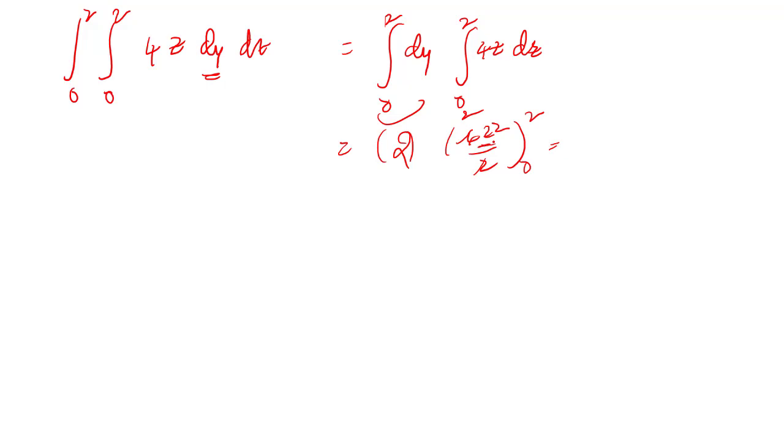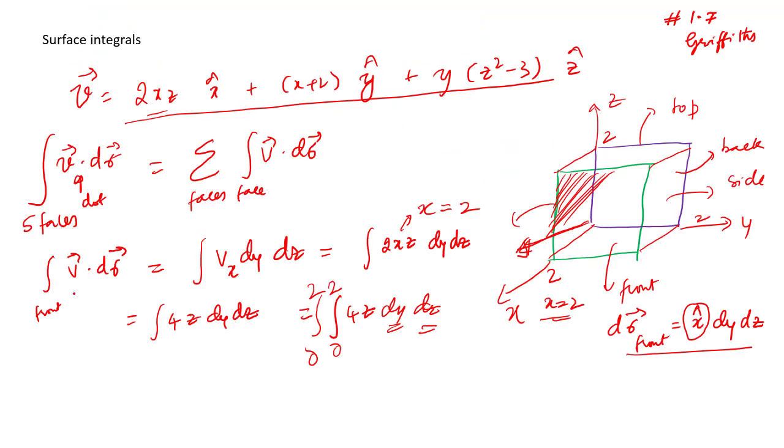Z squared gives me 4, so that is 2 times 2, 4 times 4, which is 16. And this is only for the front face. So we have done only the front face. The answer is 16.